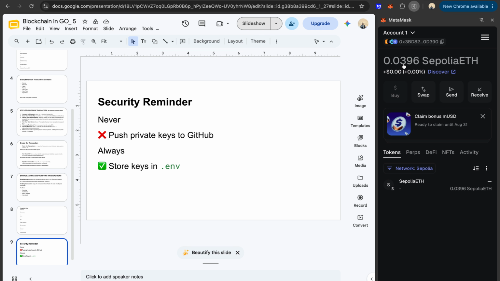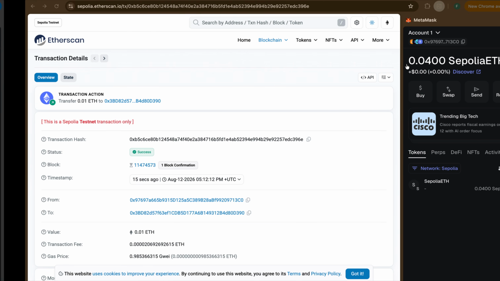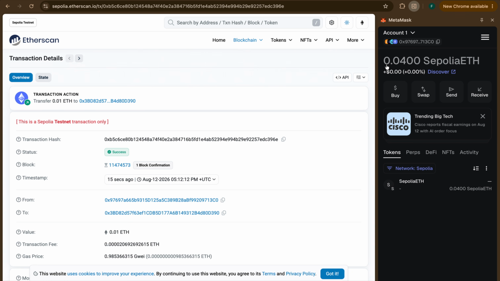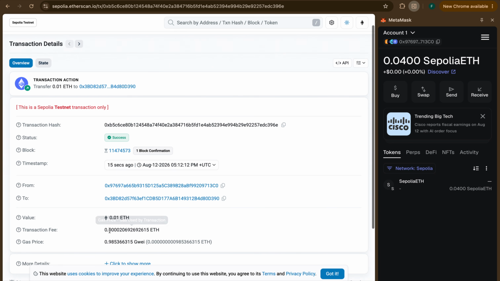It was 0.03 before, and now it's 0.04, right? And you can also see it's saying 0.01 ETH was sent, with the transaction fees.